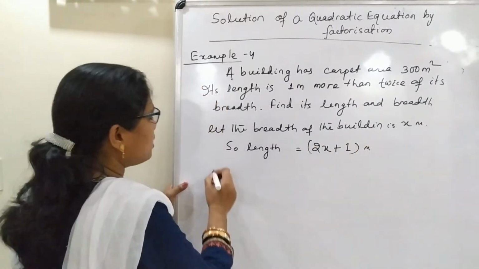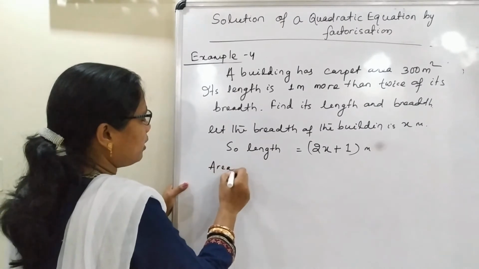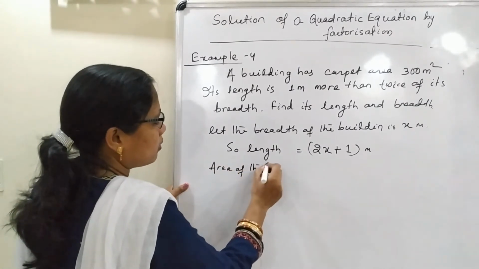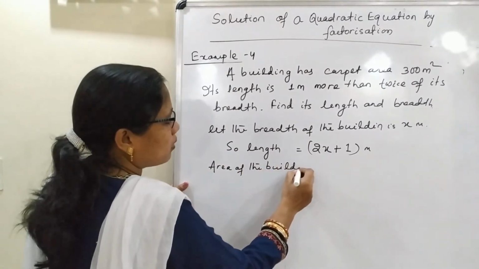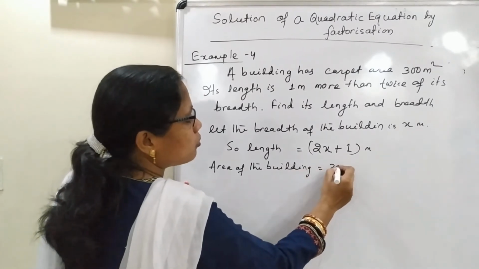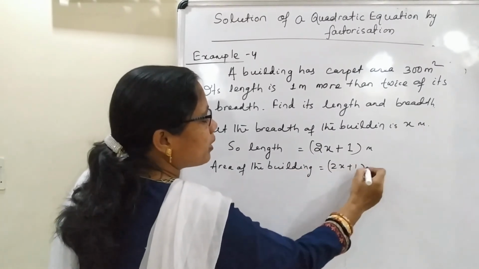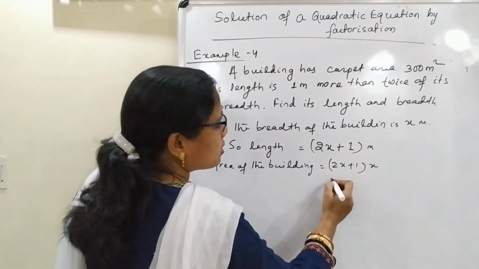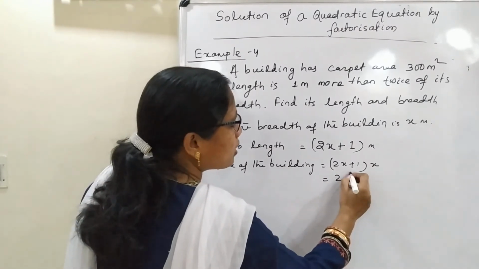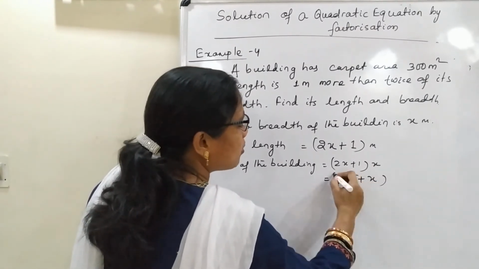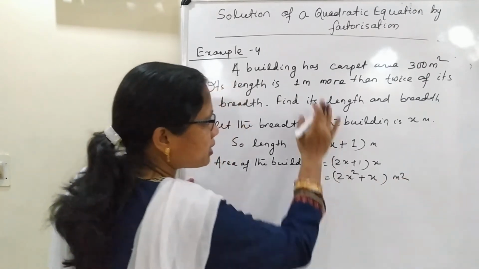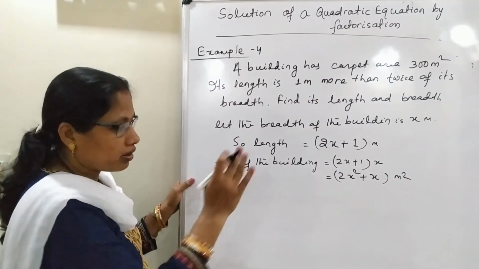So then what is the area? Area of the building is equal to length into breadth, 2x plus 1 into x. So this is equal to 2x square plus x meter square. But it is given that the area is 300 meters square.